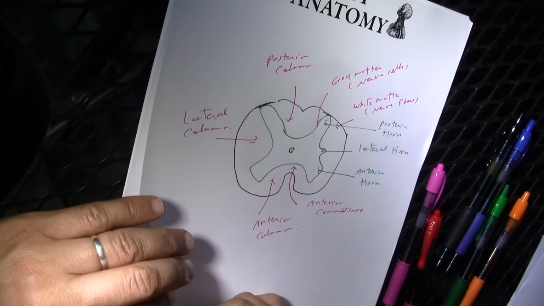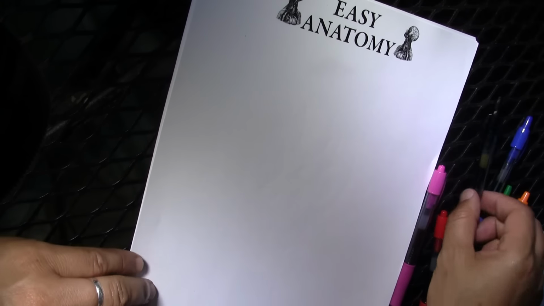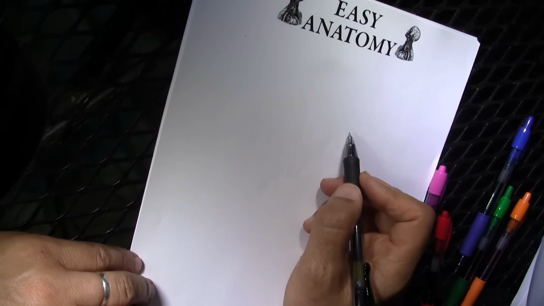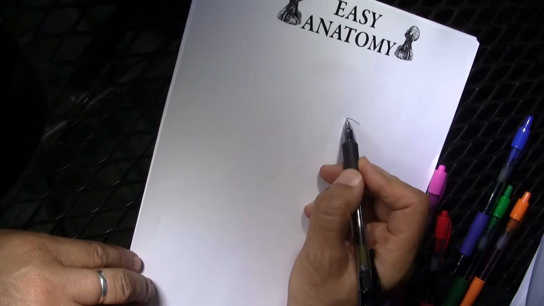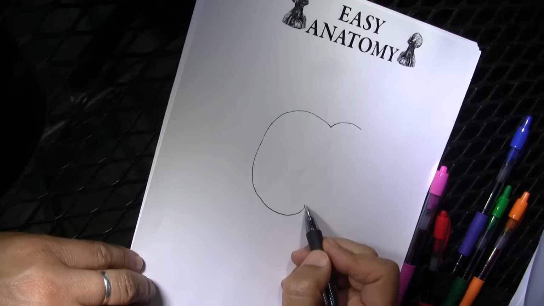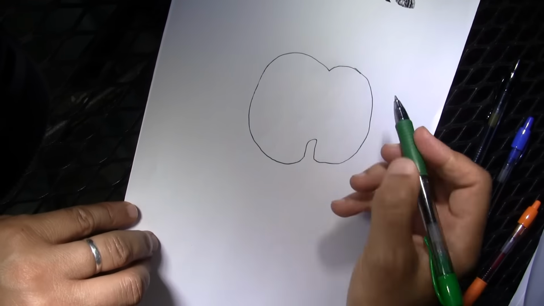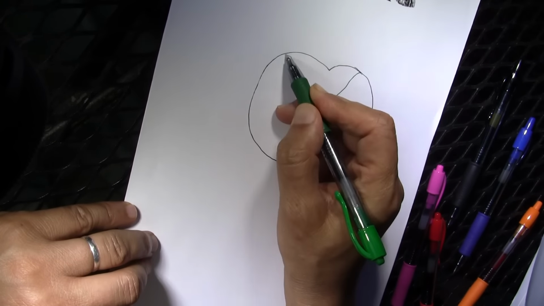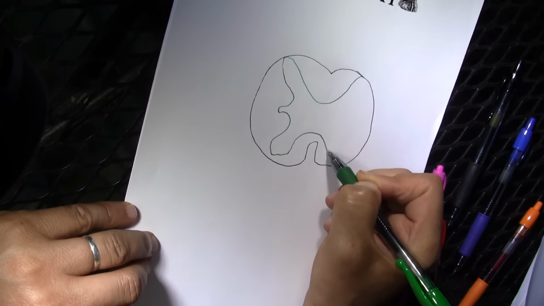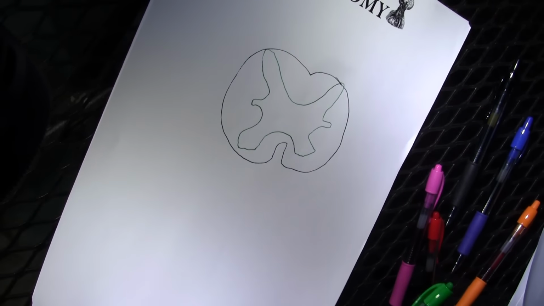Why do you care about the cross section of the spinal cord? Let us look at it one more time closely. So this is the spinal cord in cross section.